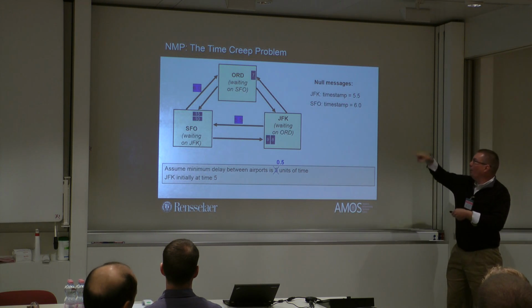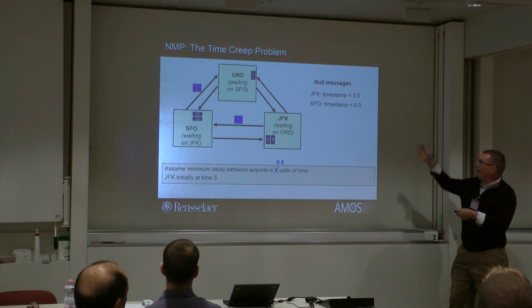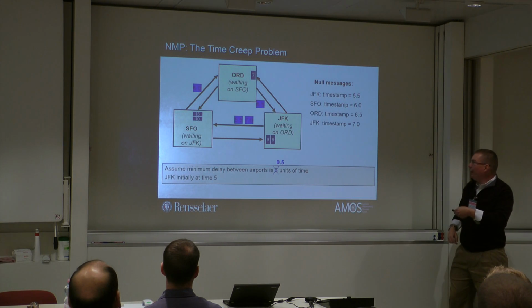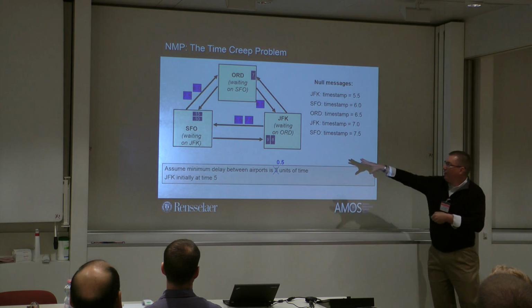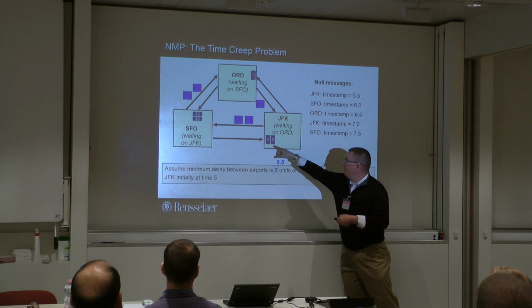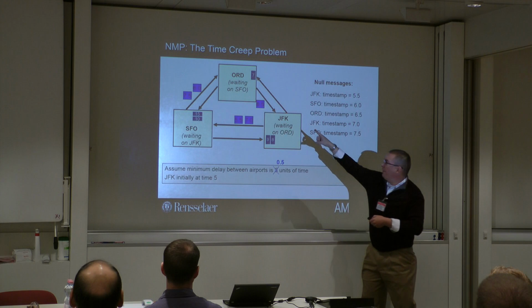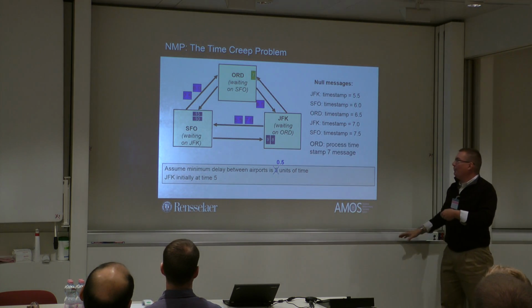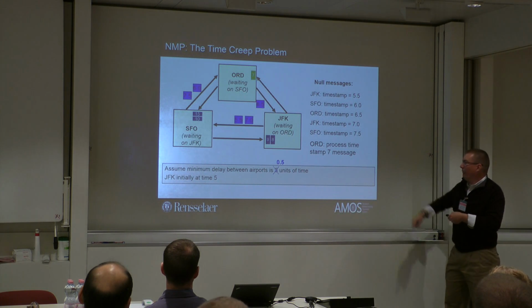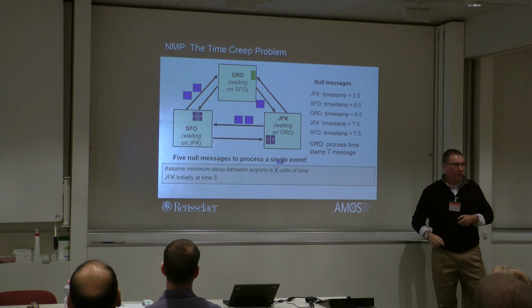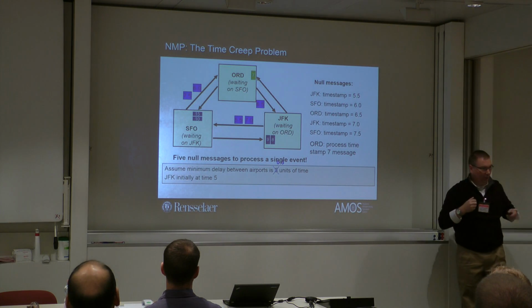Here we see I send null messages with a timestamp of 5.5 that I go to SFO, and it keeps going around, and I haven't yet processed any messages because there's nothing in the FIFOs allowing me to go forward yet, because I've got a message of 9 at JFK, 7 at ORD, 10 over at SFO. Finally, we can process the one at 7 after several rounds, and so we end up with the problem of 5 null messages to process a single event. This is what the time creep problem is.